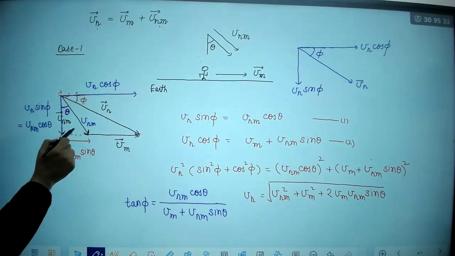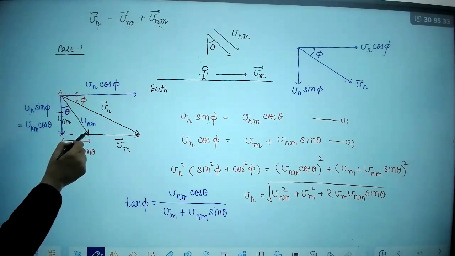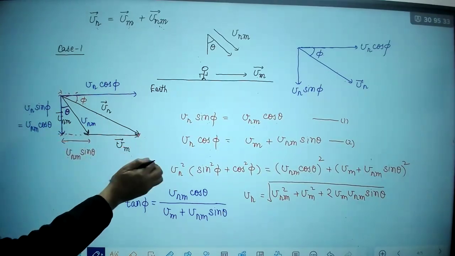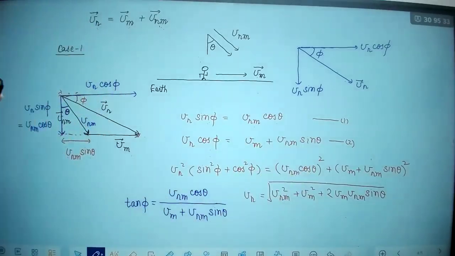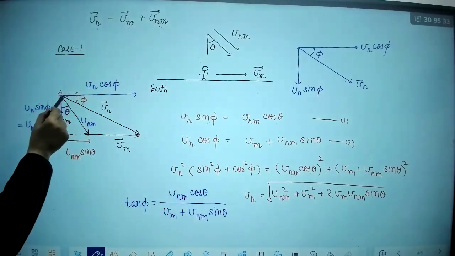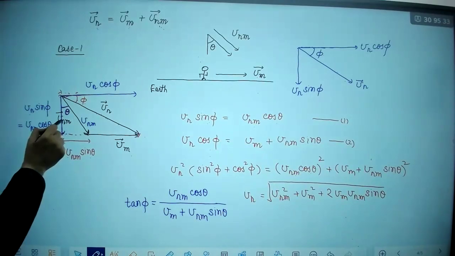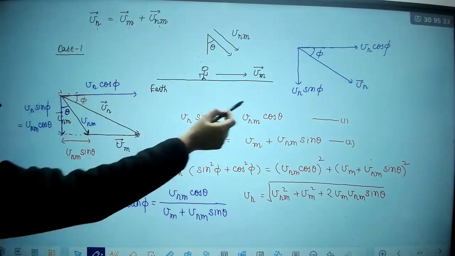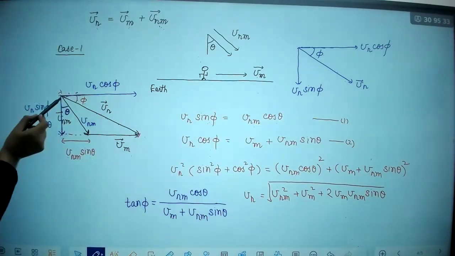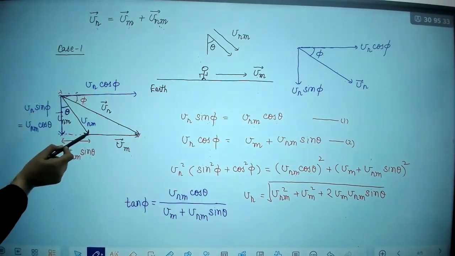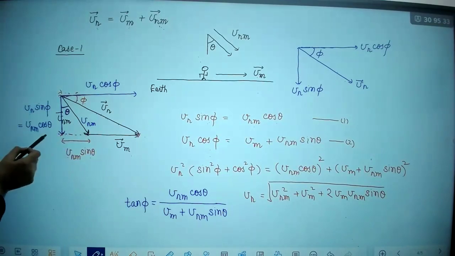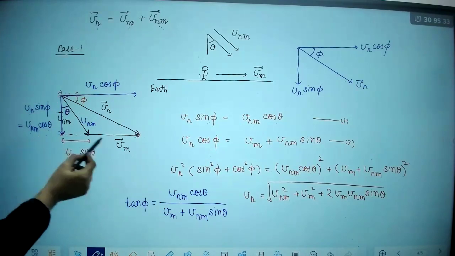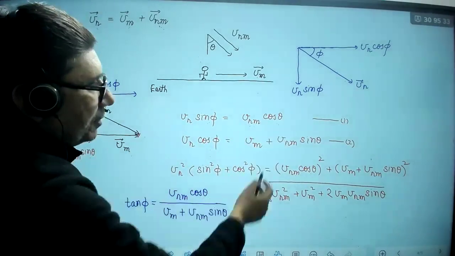In this triangle, this will be VRM sine theta, plus VM. So I created this equation. VR resolved in the vertical direction will be VR sine phi. Another way to find it is by resolving VRM in this direction, so this will be VRM cos theta. So I write this equation VRM cos theta.